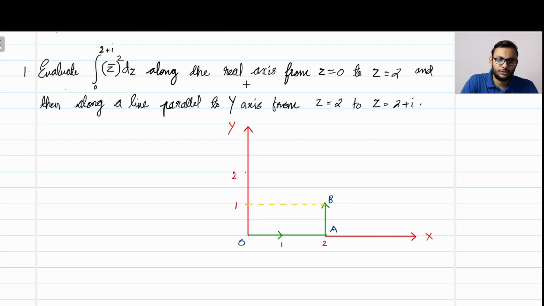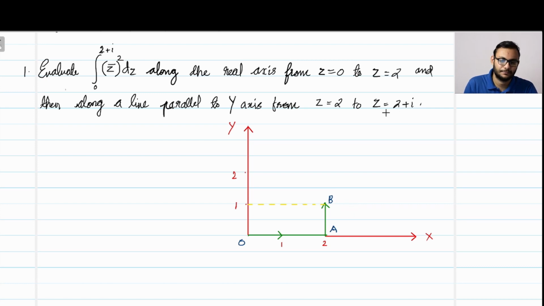Evaluate the integral from 0 to 2 plus I of z bar the whole square dz along the real axis from z is equal to 0 to z is equal to 2, and then along a line parallel to the y axis from z is equal to 2 to z is equal to 2 plus I. If we look into the graph given, starting from O, first move up to A through the x axis or the real axis from 0 to 2, and then move upward parallel to the y axis up to 1. That is why this point is nothing but (2, 1), represented as 2 plus I.